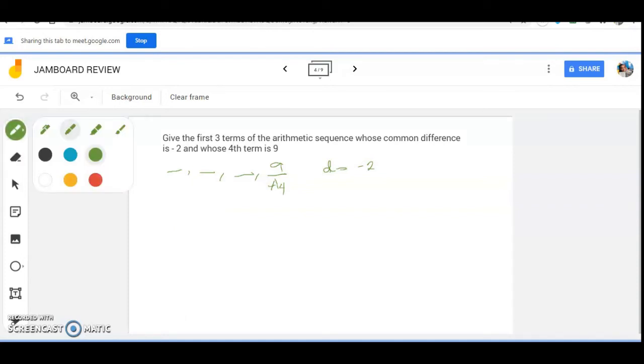So, kung ang fourth term, 4, 3, A4, A3, A2, A1. Okay. So, si 9, dinagdagan siya ng negative 2 para maging 9. So, a number na nadadagdagan ng negative 2 is 11. Tama?